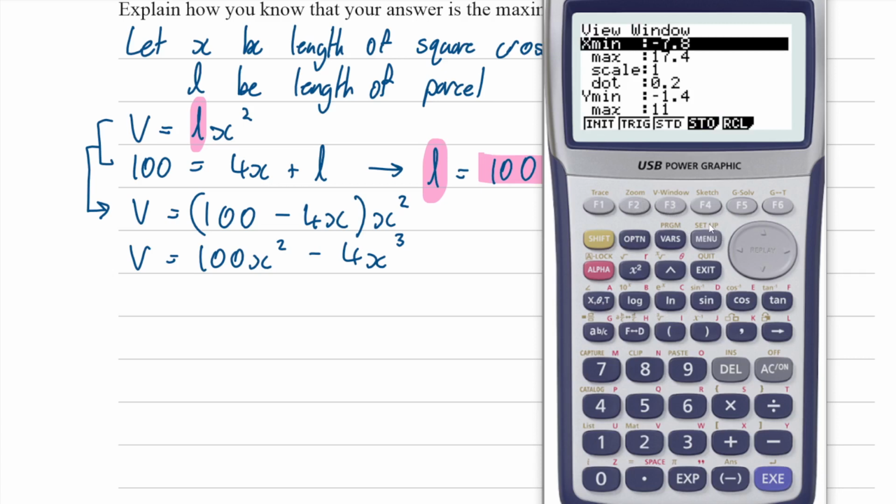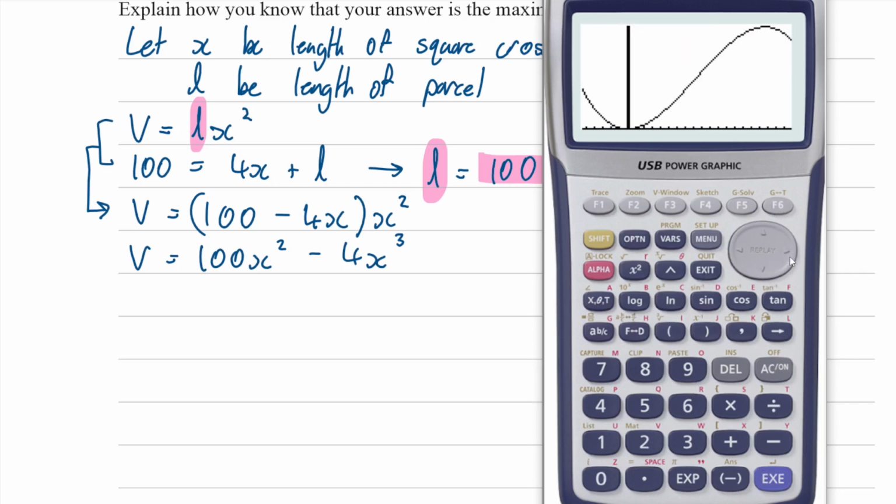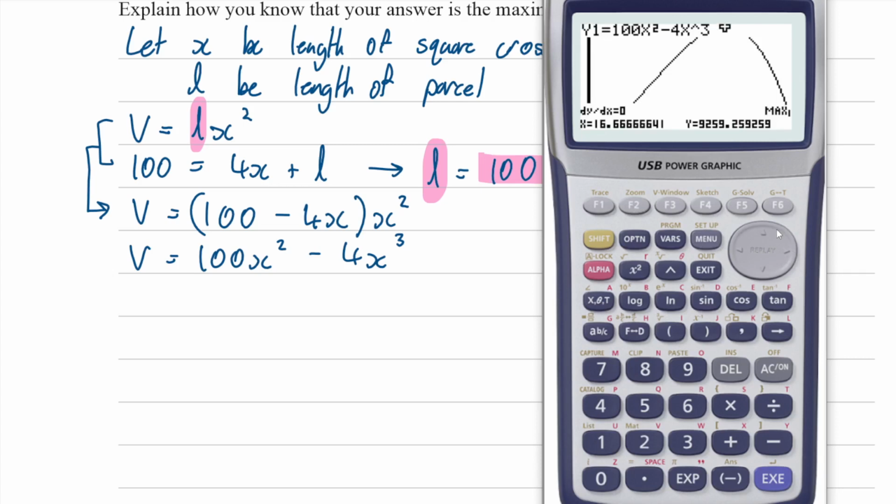This is the bit that you might not have an intuition of, because I'm looking at a solution, so I can see what to set my window to. So the y max should be very high. Whoa, look at that. Beautiful cubic. So looking at this, if I use gsolve max, when x is 16.7, the volume is close to 9,300. So that's the point we're looking for.